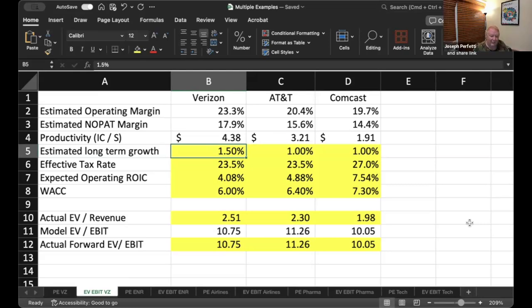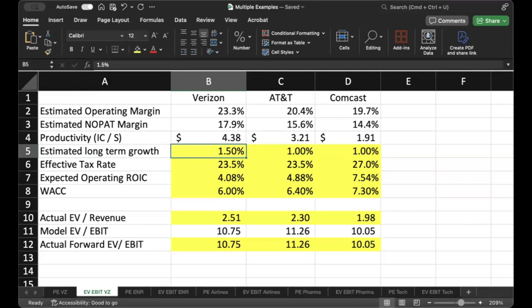You're 90% of the way there. There's a fourth factor. Is it the WACC? Yeah, good call, Sarah. So say something more about the WACC. The WACC for AT&T is 6.4, and Verizon's is 6.